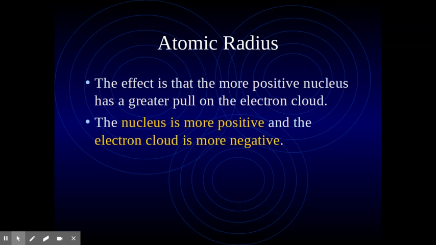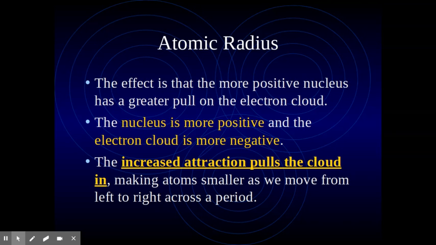So you're going to have a more positive nucleus and a more negative electron cloud. So higher positive charge, a higher negative charge. And they're not any further apart, which means it's going to feel like stronger magnets pulling on each other more. So this increased attraction is going to pull the cloud in and make it a little bit smaller as you go across from left to right.